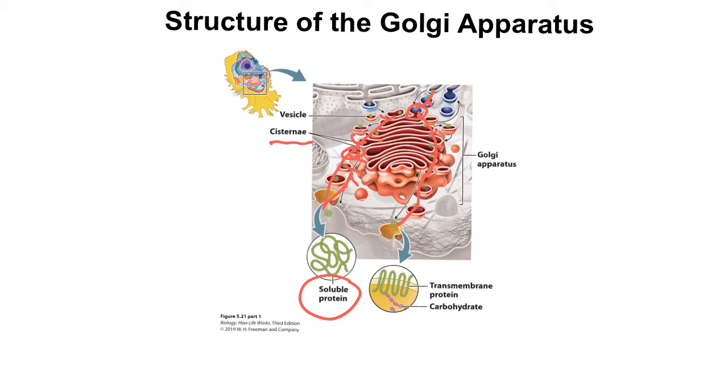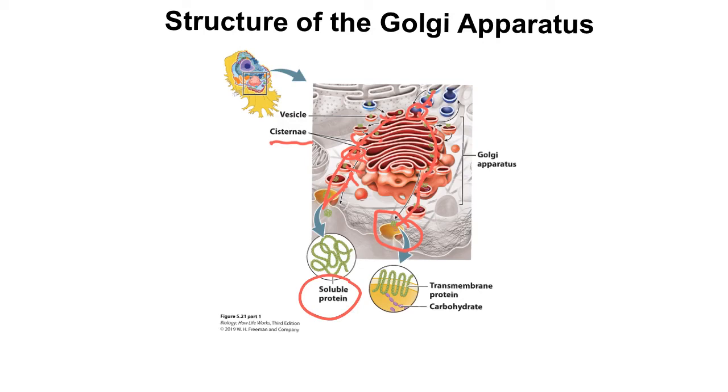And because they're integral membrane proteins, they stay there as part of the plasma membrane structure to perform a certain function, like, for example, pumps or transporters or other functions. Okay, so you can see, therefore, how important the Golgi apparatus is in terms of modifying proteins. And of course, not shown here are lipids before they get to their final destination.